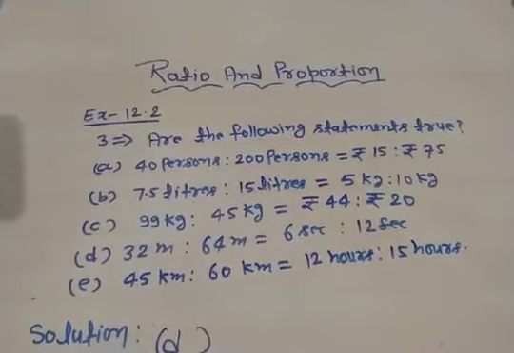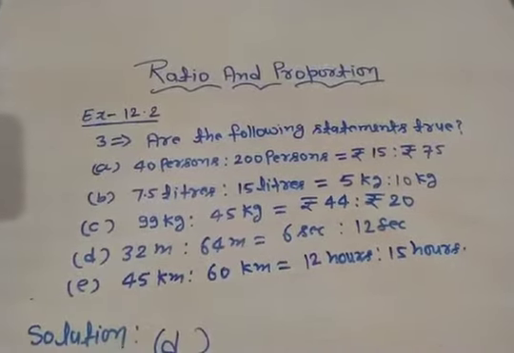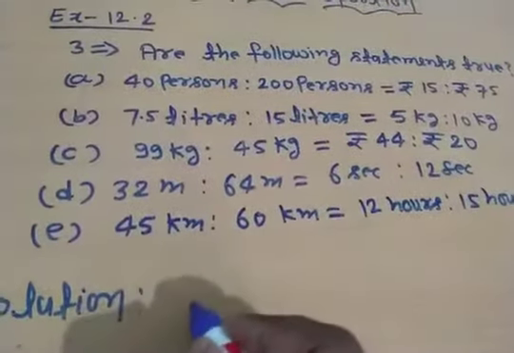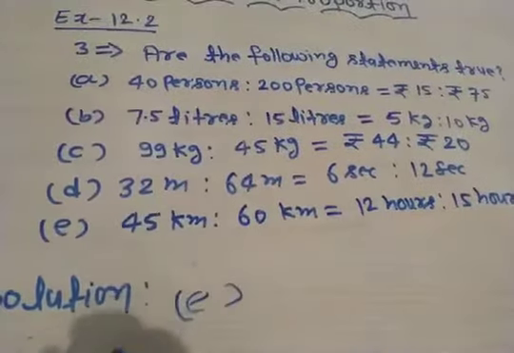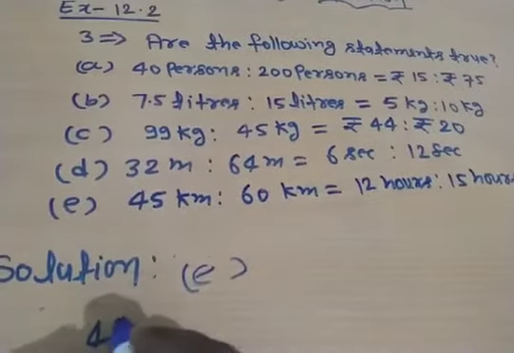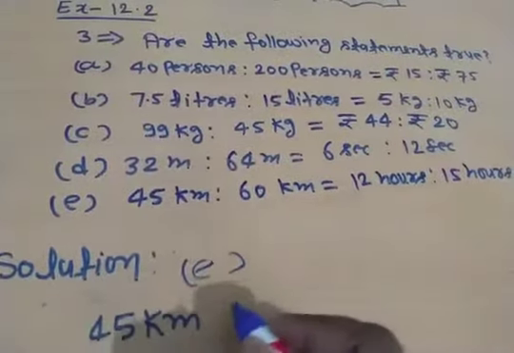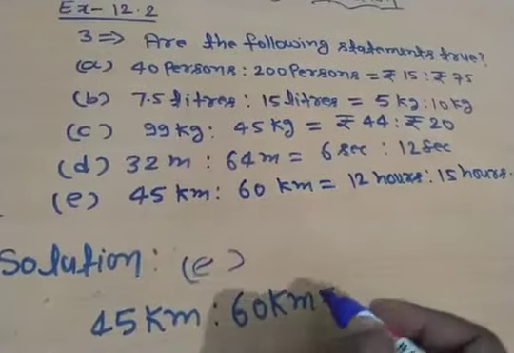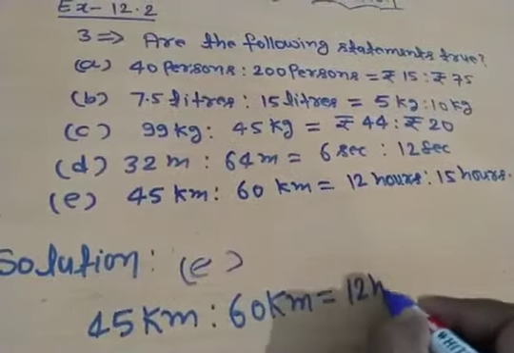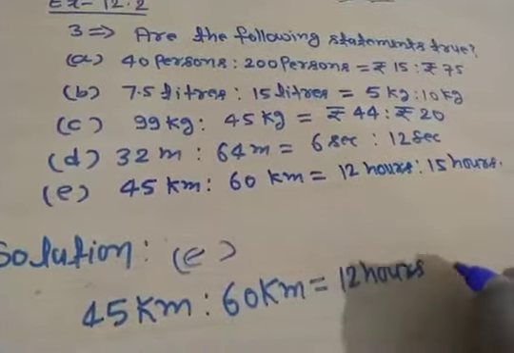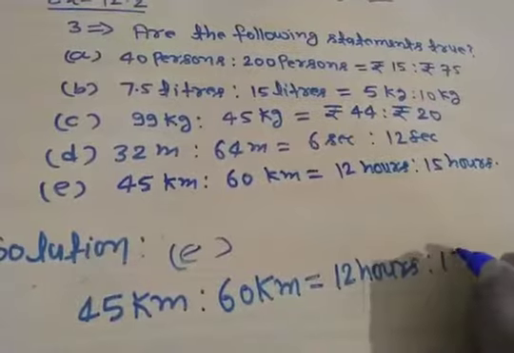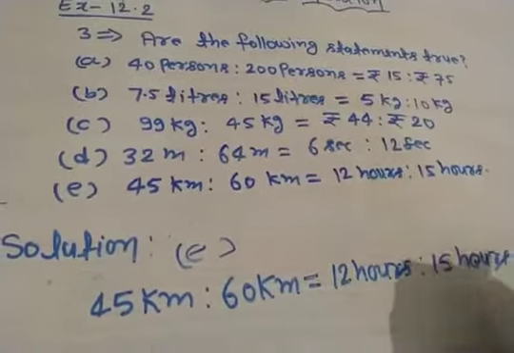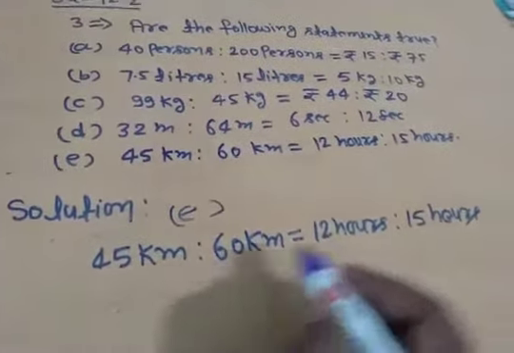Okay, so let's see how to solve it. This is the solution of E part. 45 kilometer ratio 60 kilometer is equal to 12 hour ratio 15 hour. This is the left hand side, and this is the right hand side.